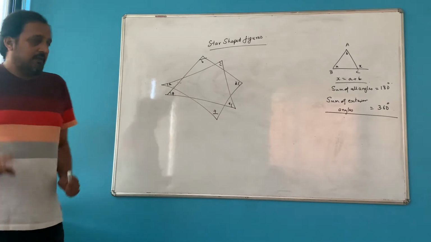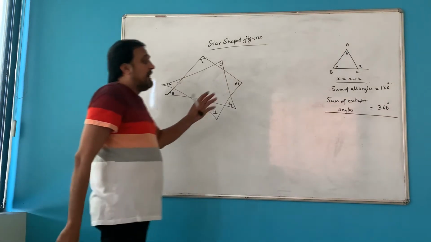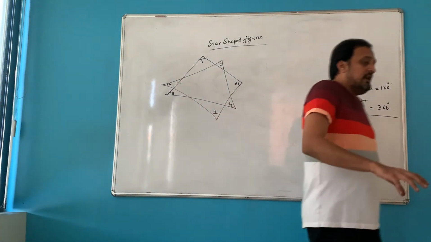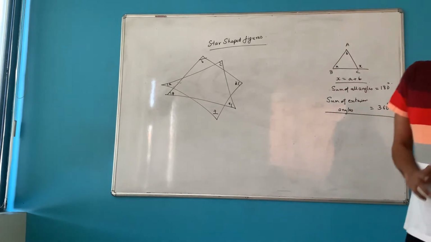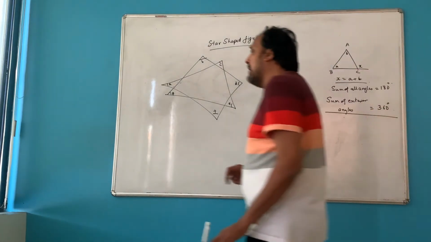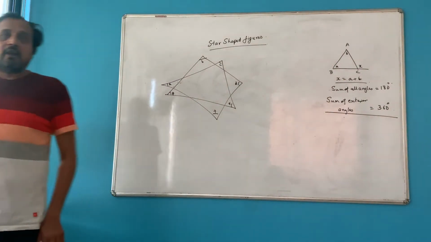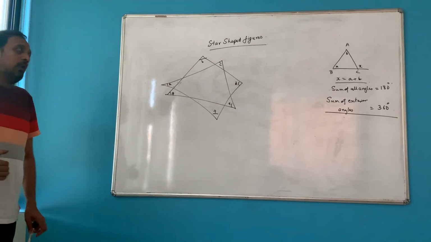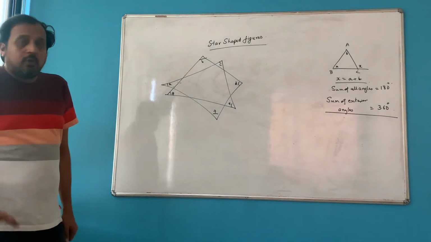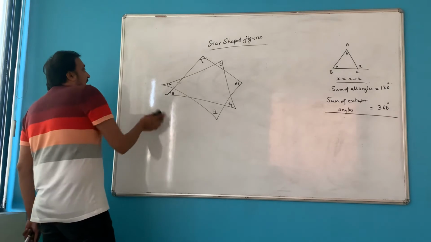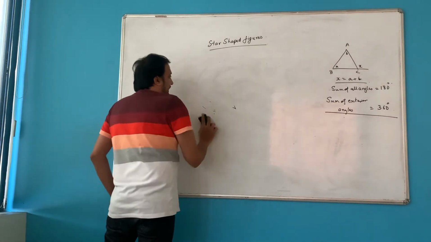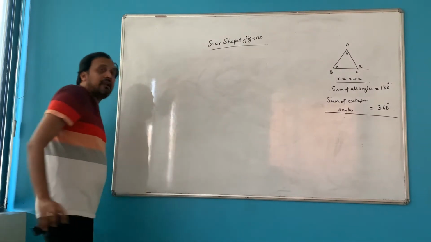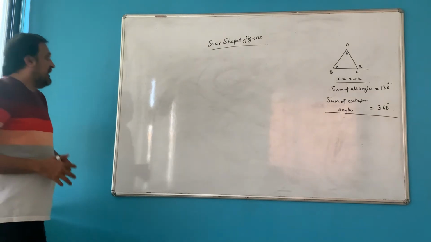This is my entire objective. Now for this, we cannot use any of those nice things that we use in the case of a pentagonal star-shaped figure or a hexagonal star-shaped figure. So let's look at this entire thing in an absolutely generic way.